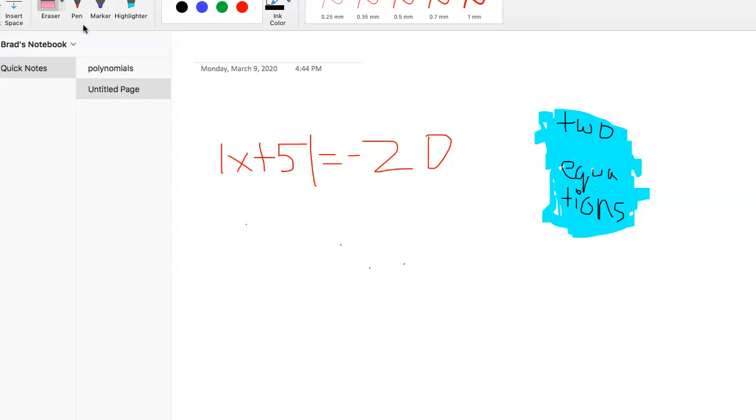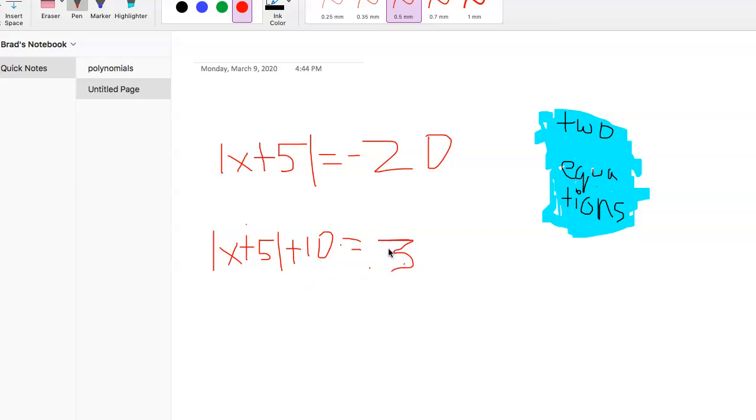Okay, so if it says absolute value of x plus 5, and then let's say it says plus 10 equals, let's say, I didn't want that negative. Let's say it says equals 3. Okay, absolute value of x plus 10 equals 3.